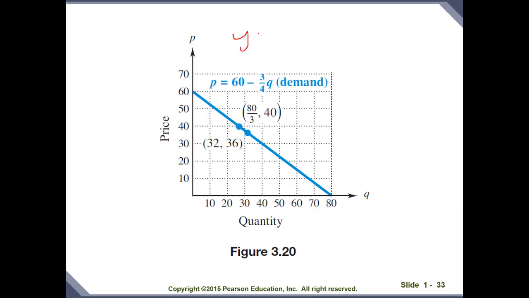This, again, is just rewritten format. This is y equals b plus mx. So we could also have written this as the price is negative 3/4 Q plus 60, which is the equation of our demand curve or our demand function.